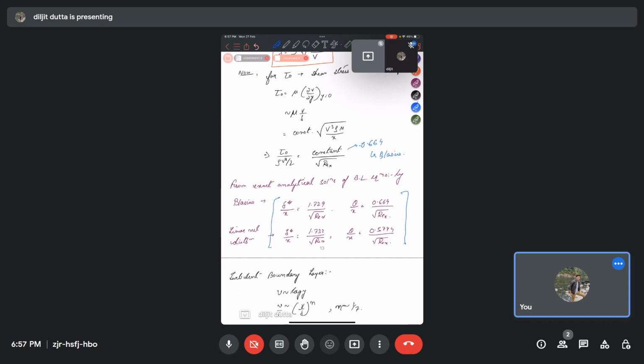Thus, you can see that even for a linear velocity distribution, the displacement thickness and the momentum thickness approximately match the analytical solutions obtained by Blasius.